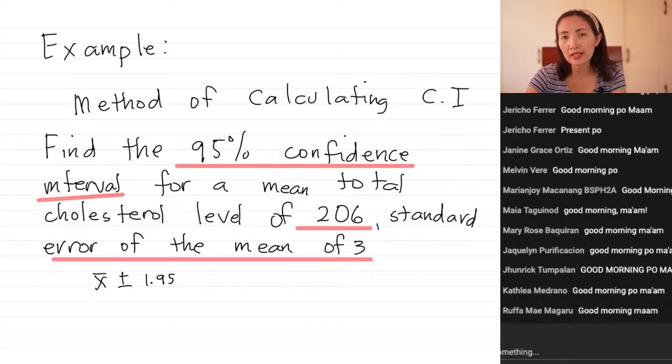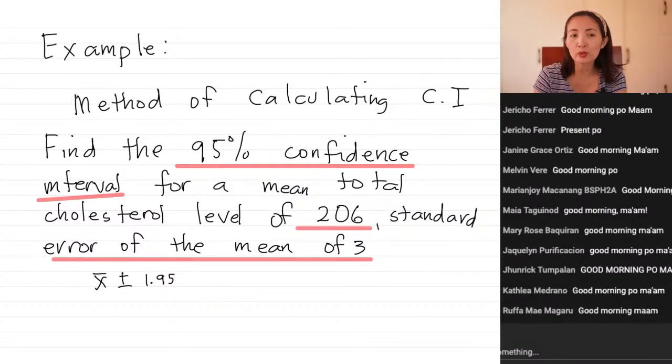When can we use 1.96? Please take note that we can use 1.96 only when the confidence level is 95%, because that's the most common. But for medical researches, it should be 99%. The accuracy should be up to 99%. But most researchers make use of the 95% confidence level.